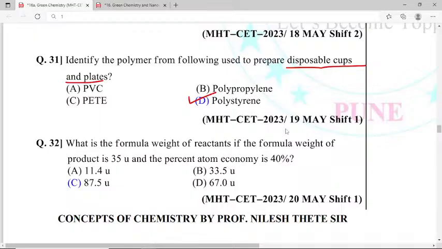So the formula weight of the reactant is the x value, given the formula weight of the product and the percent atom economy.